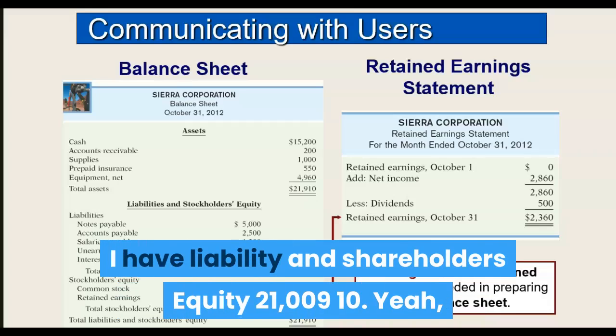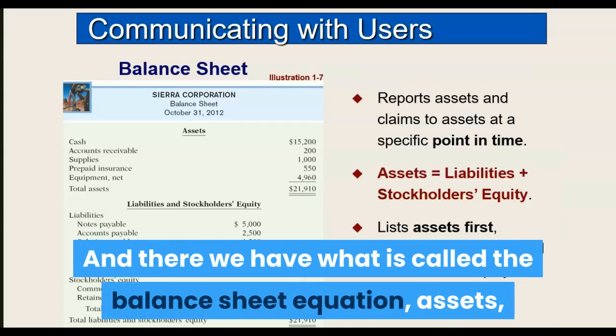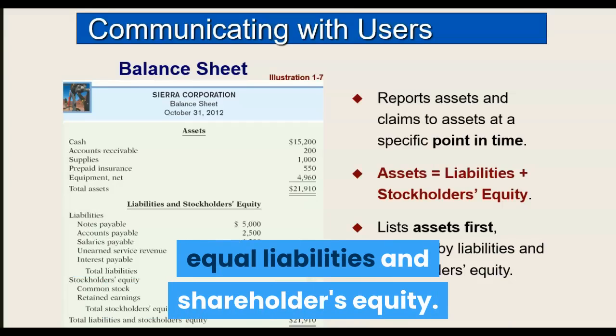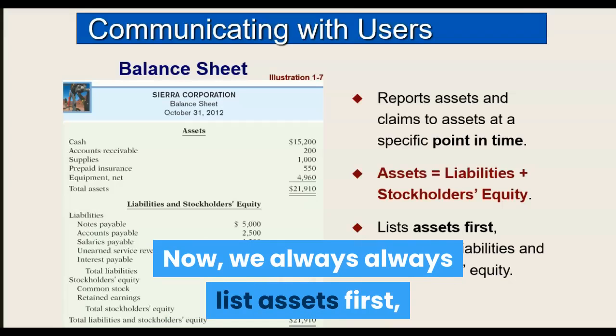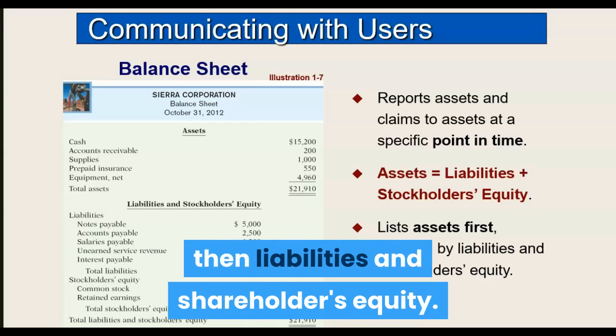I have liabilities and shareholders' equity, $21,910. And there we have what is called the balance sheet equation. Assets equal liabilities and shareholders' equity. Now we always list assets first, then liabilities and shareholders' equity.